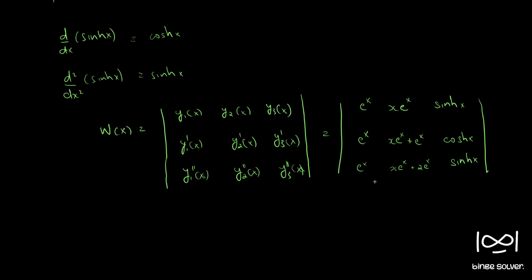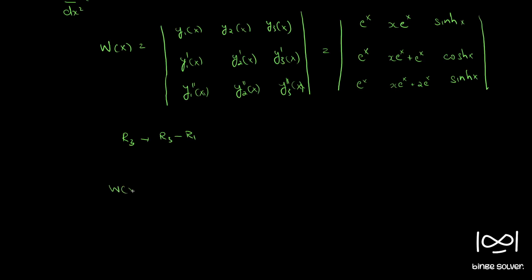So if we perform R3 equal to R3 minus R1, we get W of x equal to, just the first column changes, e raised to x, e raised to x into x plus 1, cos hx, and this becomes 0.